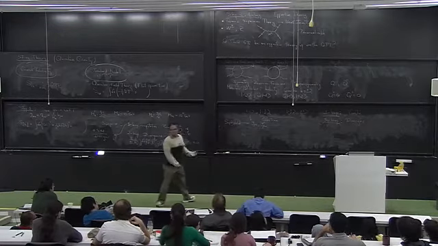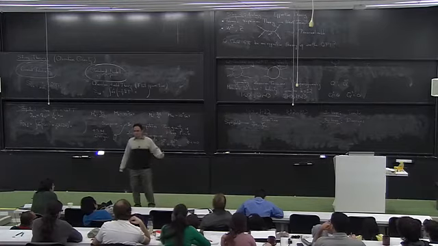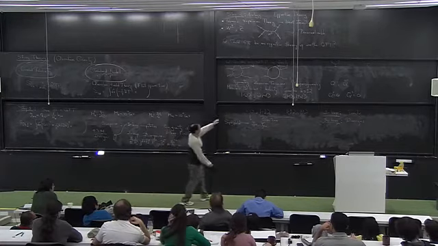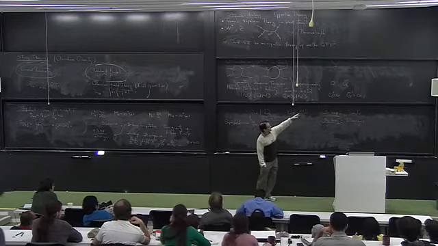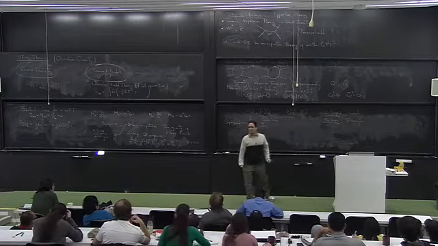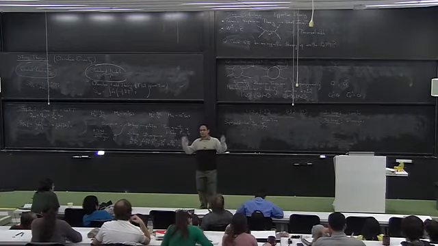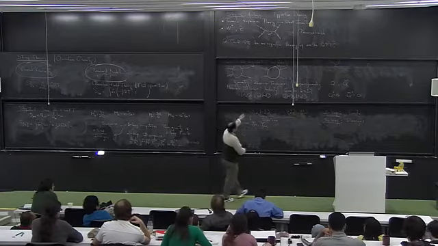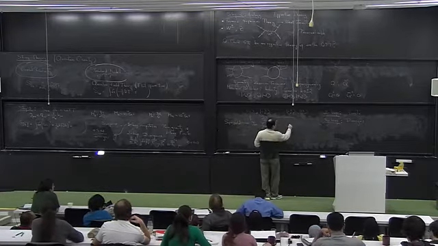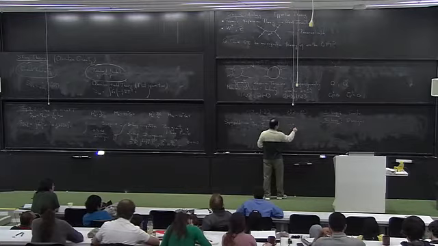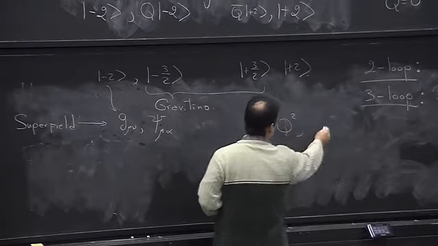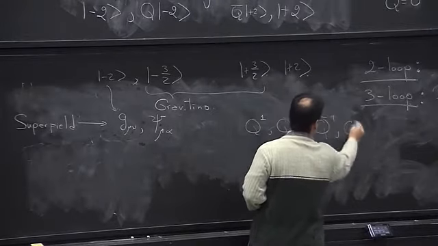Well, if a trick works once, why not do it twice? We cannot apply the same Q twice because that would be 0. But who tells us that there should be only one kind of supersymmetry? Maybe there could be 2 kinds of supersymmetry. So maybe we can have 2 kinds of generators. Let's call them Q1, Q2, and their corresponding bars.